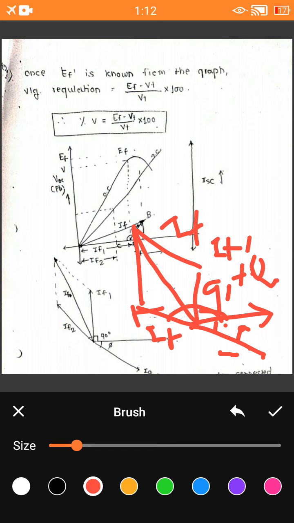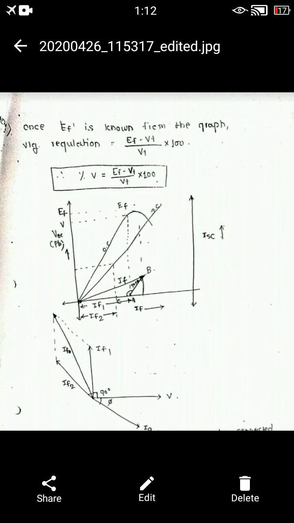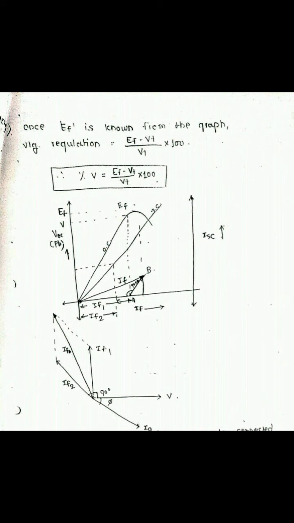This is the phasor representation of the MMF method. In this way, if we calculate the value of EF, it will be easy to calculate the voltage regulation. So this is the MMF method to calculate the voltage regulation of an alternator.